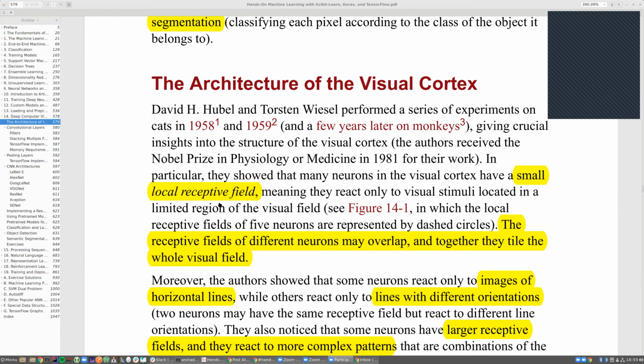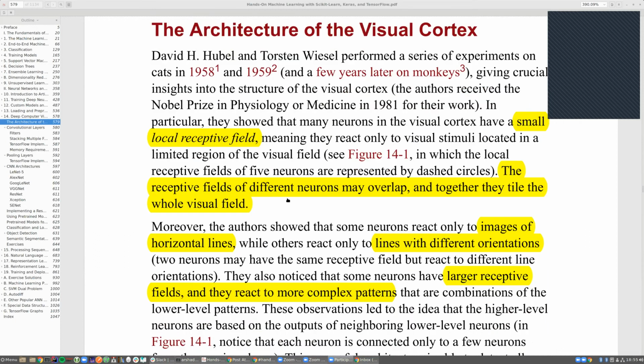the image within a small region of the retina. And this is what's called the receptive field, or the local receptive field. And the receptive fields of different neurons could be overlapping, and these overlaps could then build more complex structures.